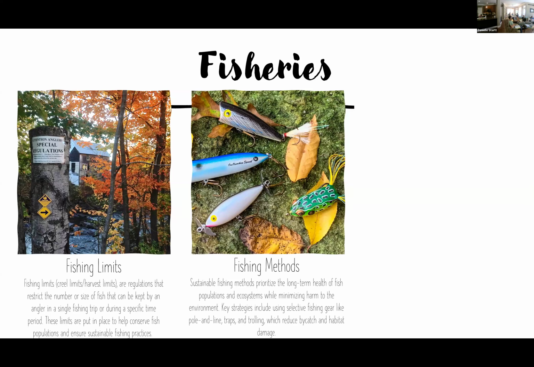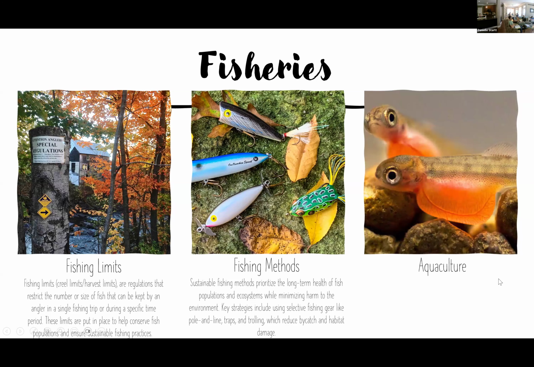If you put a net across the river, you're going to catch all the trout, but you're also going to get bycatch, which means anything that's not trout, you're catching that too, right? So there are lots of ways to limit how people fish instead of just what they're pulling out of the water. And then lastly, we have aquaculture, which is like agriculture, but instead it's for aquatic plants and fish and animals. So plants too, we do aquaculture.